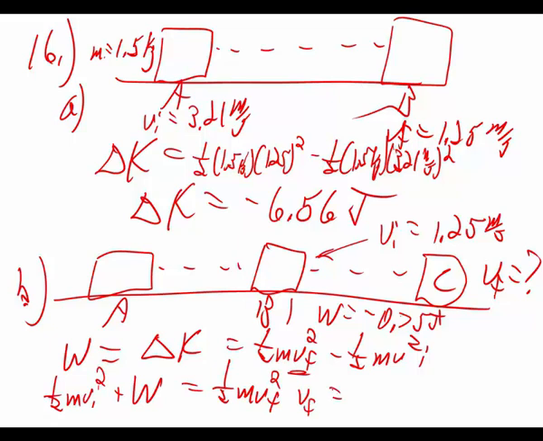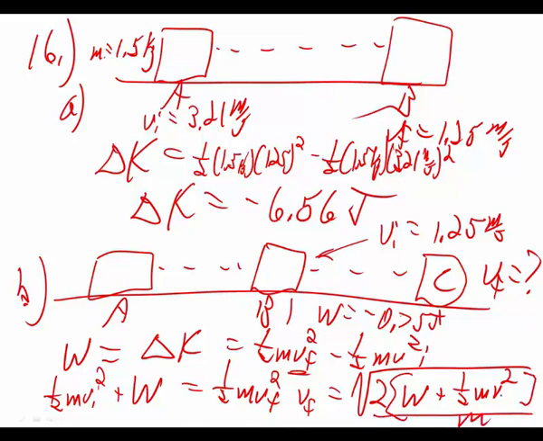So v final is going to be equal to the square root of 2 in brackets times the work plus 1/2 m v squared, over the mass. Right? Solve this equation, that equation right here.